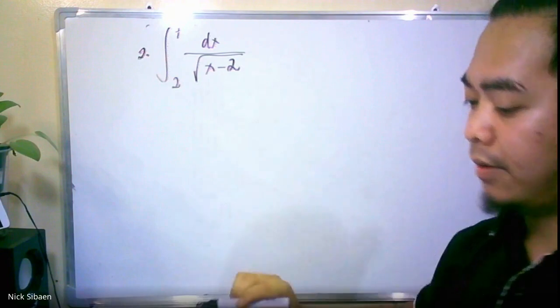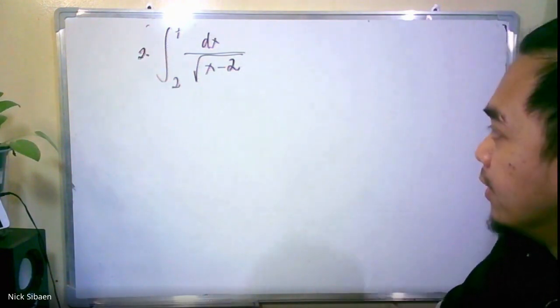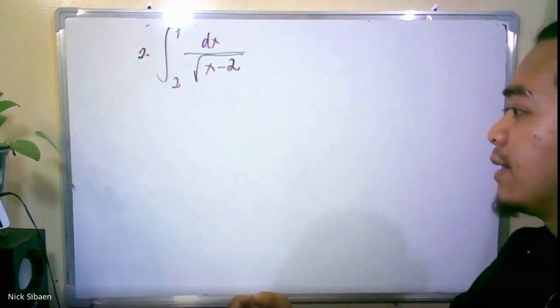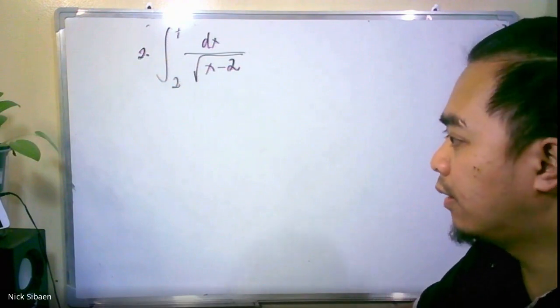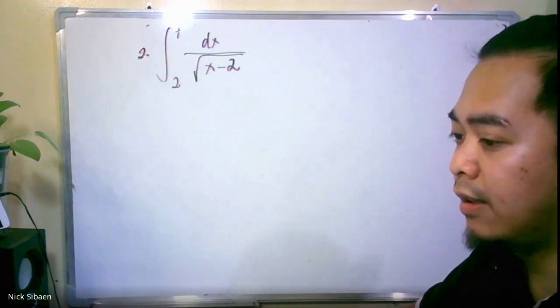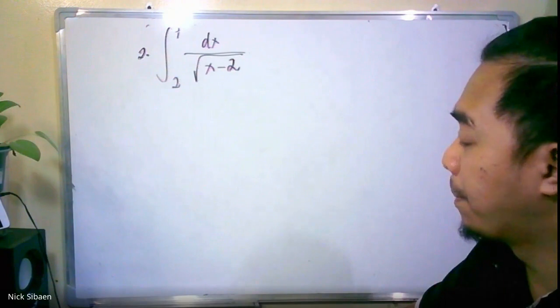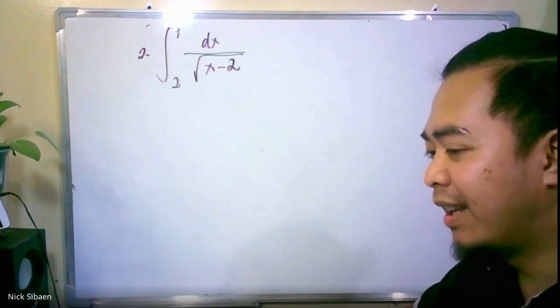Okay. So, question, is this a regular definite integral or an improper integral? How do we know? Without looking at the graph, of course.